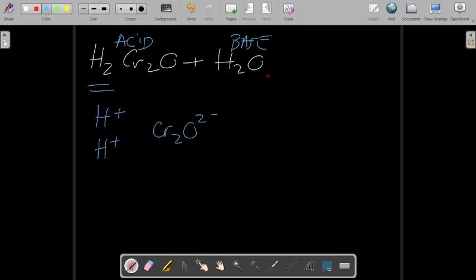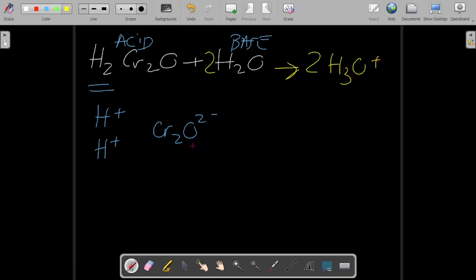That means that this is a polyatomic ion with 2 negative charges. Each water can take 1. I have 2, so I'm going to need 2 waters to be able to take those protons. And then you're going to be creating 2 hydronium ions, which are a water that took one of the protons and becomes positively charged.